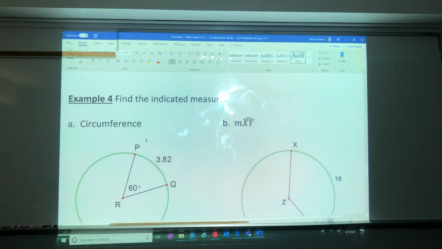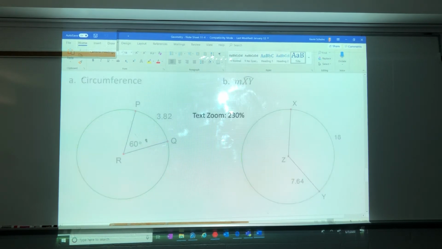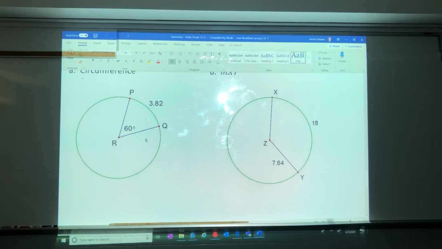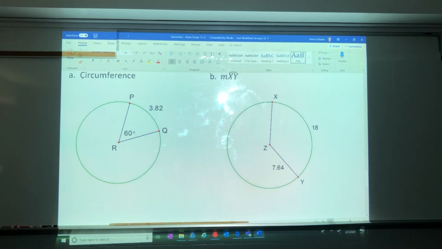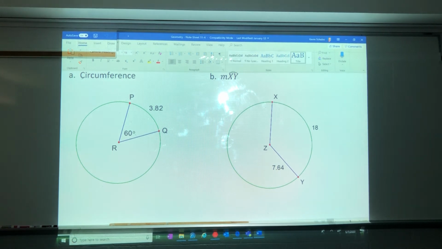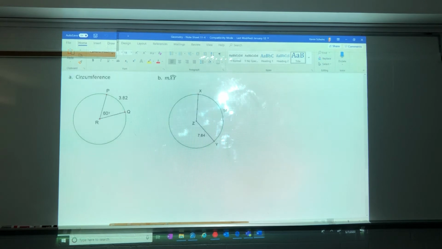Or at least the first one for A. We're going to find our circumference. So they give you the arc length in this situation. I'm actually going to make this a little bit smaller, just to give us some room up here.